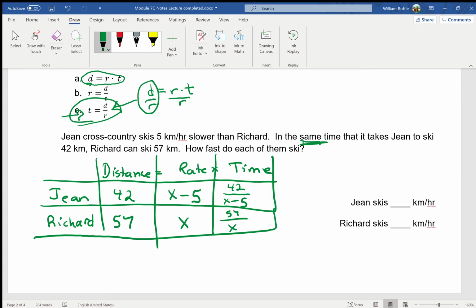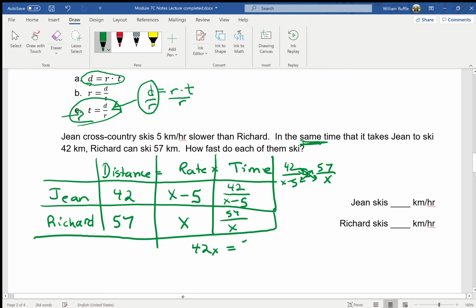So I make 42 over X minus 5 equal 57 over X. This is just one fraction against another fraction, and we cross multiply: 42X equals 57 times X minus 5.